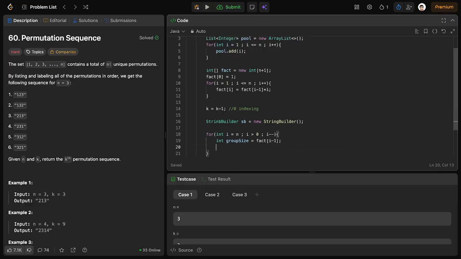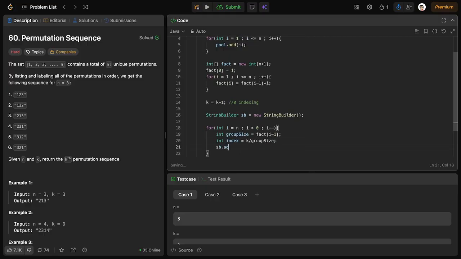This is our group size, and we calculate the index as k divided by group size. And we sb dot append pool dot get index.